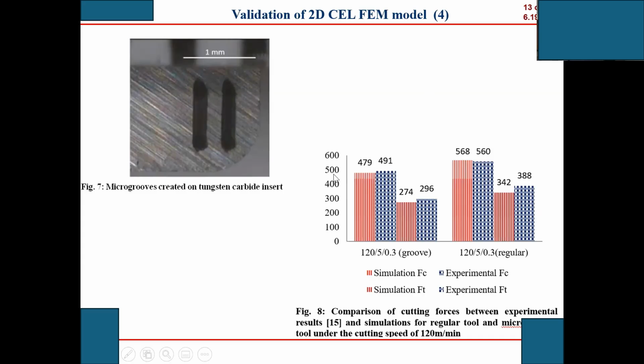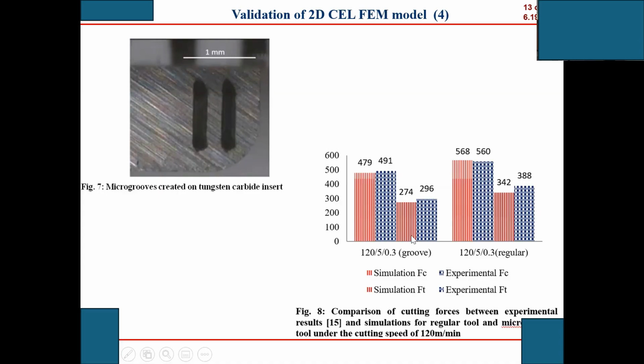And then we do experiments. Right? So here we do the simulation, and Dolly has done experiments using this microgroove tool, and they have experimental FC. FC means the cutting force. FT means the thrust force.